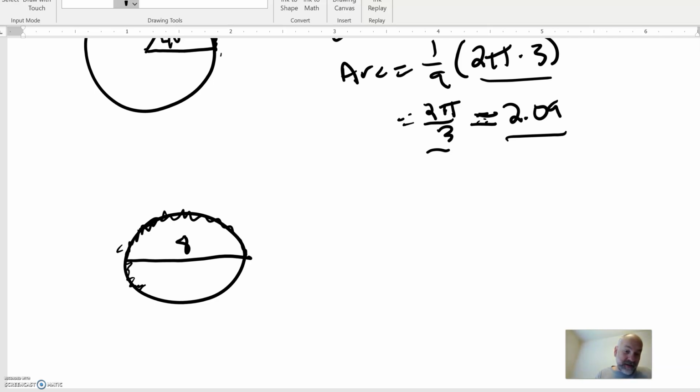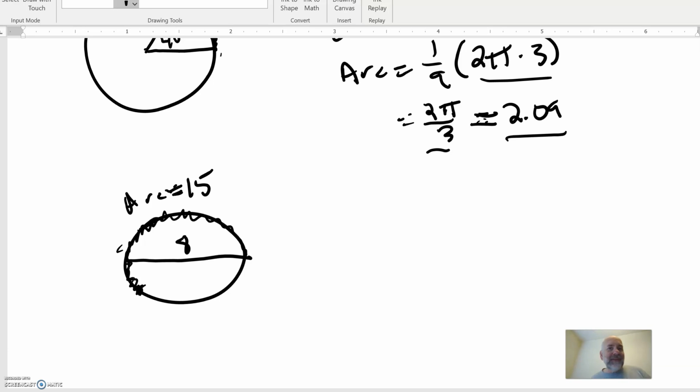I'm just guesstimating. I don't know exactly how far it is, but if this distance right here is 8, how far is 15? I'm just eyeballing it. I could tell it's going to be somewhere down there, because once you go 15 units, if that distance is 8, you're going to be down below, but I don't know exactly where.